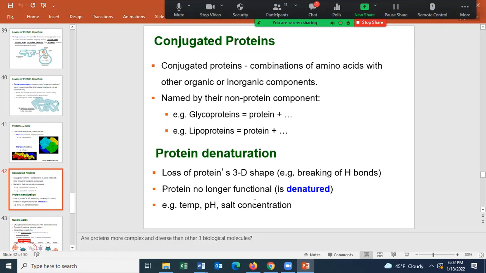When it starts to lose its function, we say it is becoming denatured. And when it no longer has its function, we say it is denatured. Proteins can become denatured at an incorrect temperature, incorrect pH, or incorrect salt concentration.